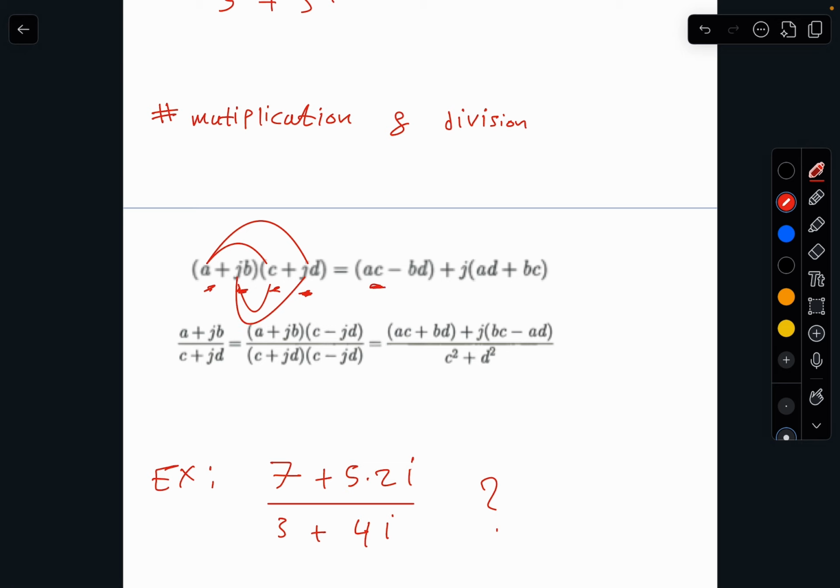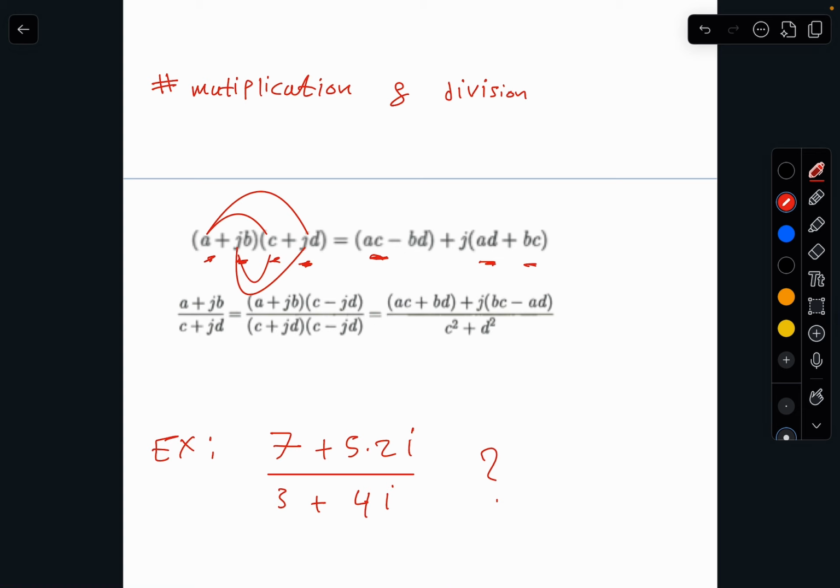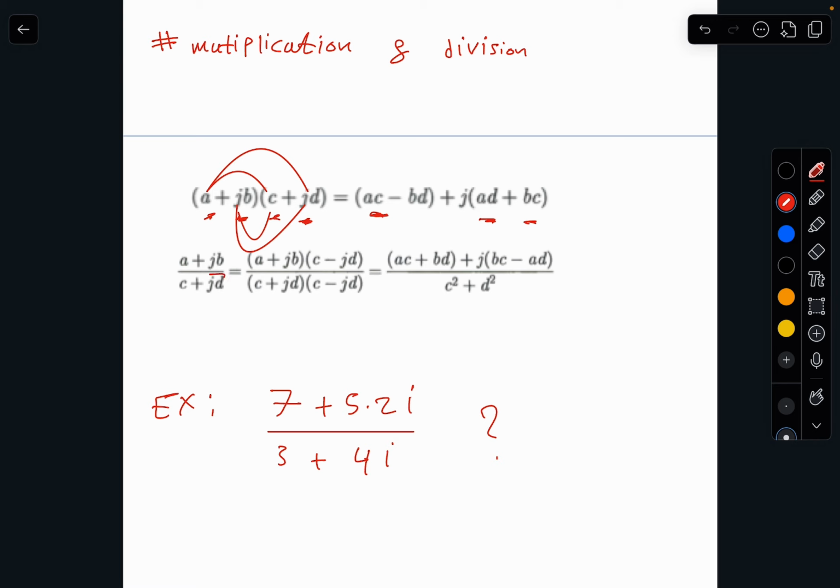So we get it like this, okay? And in division, we take the conjugate: we don't put plus here, we put minus, and multiply by it in both the numerator and denominator, and we solve. Okay, so let's take an example.